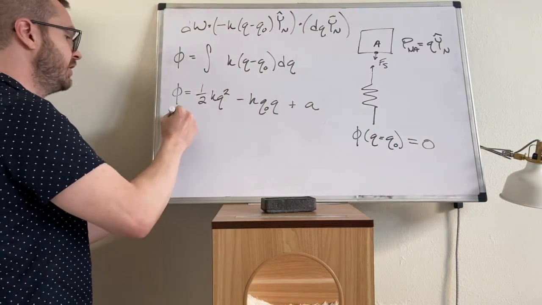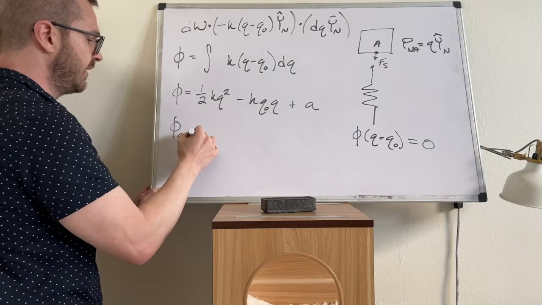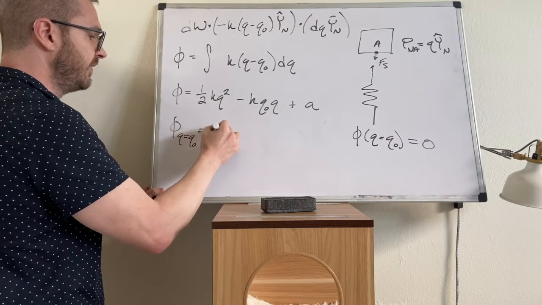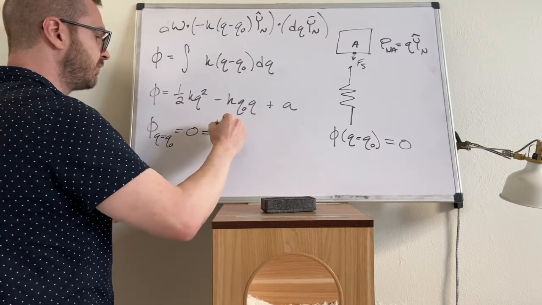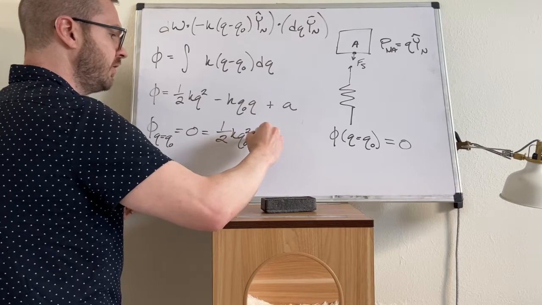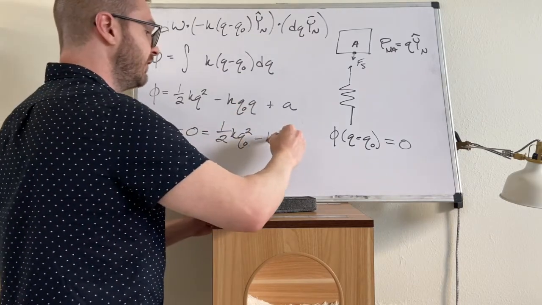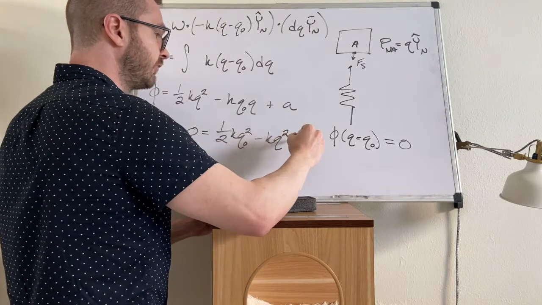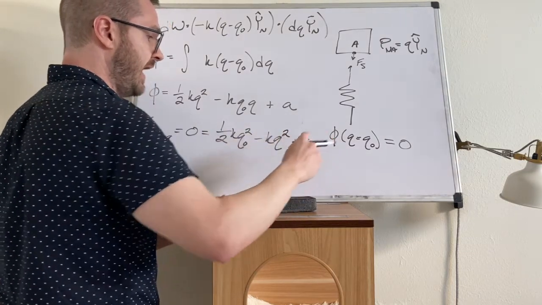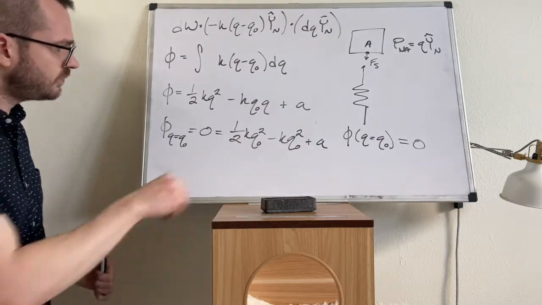So phi, the energy at q equals q naught, is equal to 0, and then the expression is now 1/2 k q naught squared minus k q naught squared plus a. Notice that when q becomes q naught, this is 1/2 k q squared minus k q naught squared plus a. There we go.